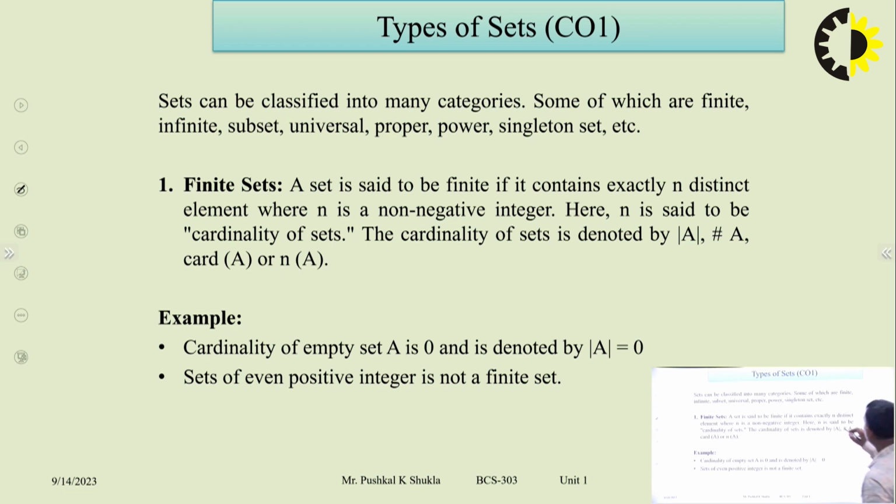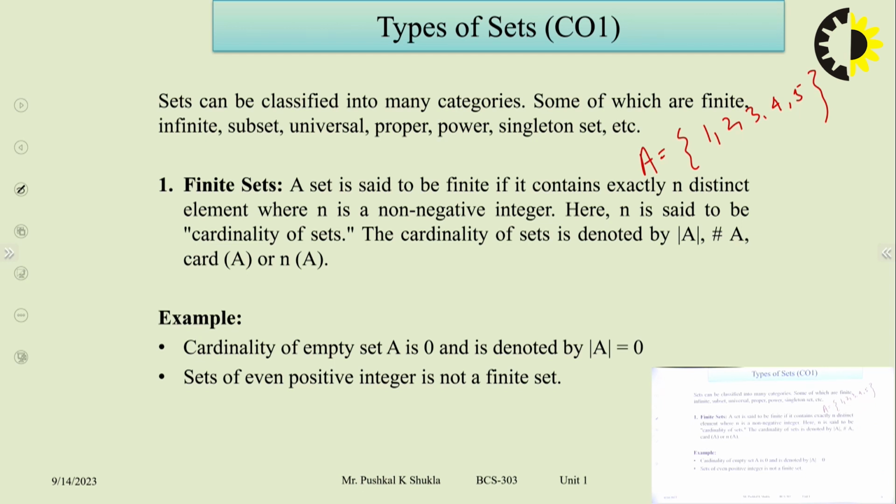For example, set A equal to 1, 2, 3, 4, 5. So this is the case of the finite set because elements are fixed and can be counted by the natural number, and this is 5. So this is a case of finite sets.